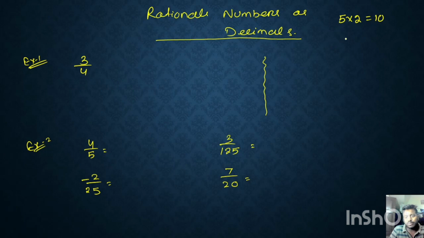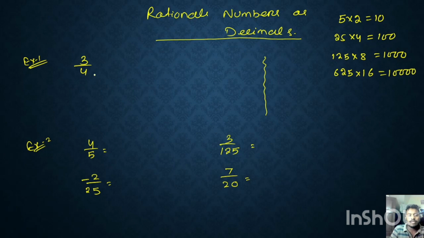If the denominator is 25, we multiply by 4 to make it 100. If the denominator is 125, we multiply by 8 to make it 1000. If the denominator is 625, we multiply by 16 to make it 10,000.